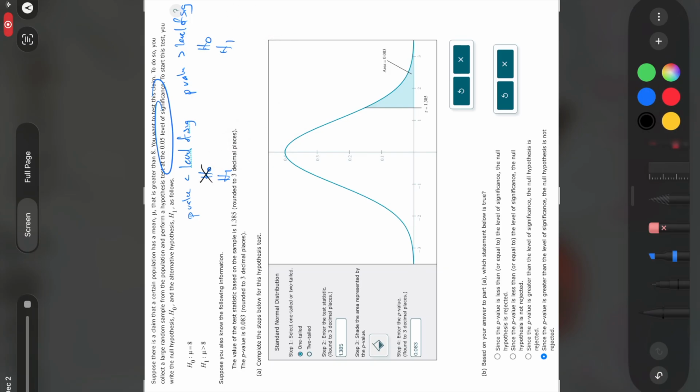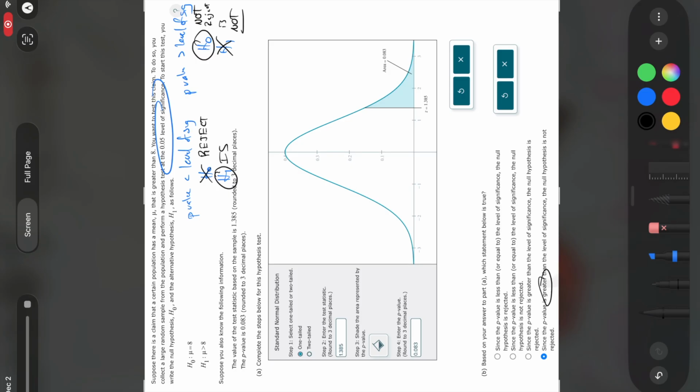You would say you reject if it's less than. Reject. And there is evidence to support this one. So that one is correct. It's the opposite on this one. So you do not reject. There is not evidence.